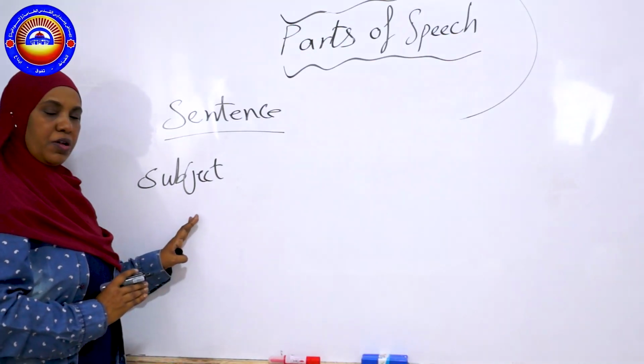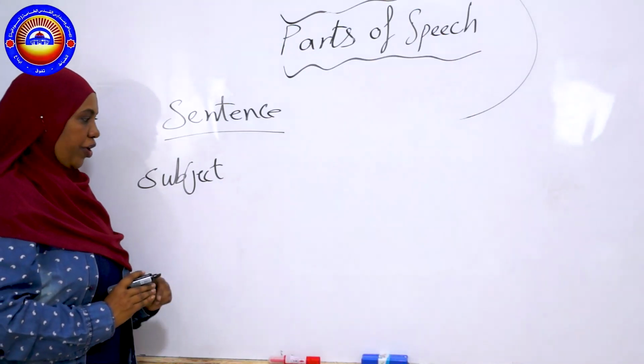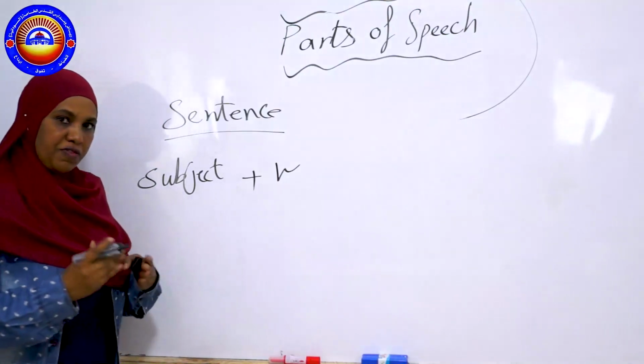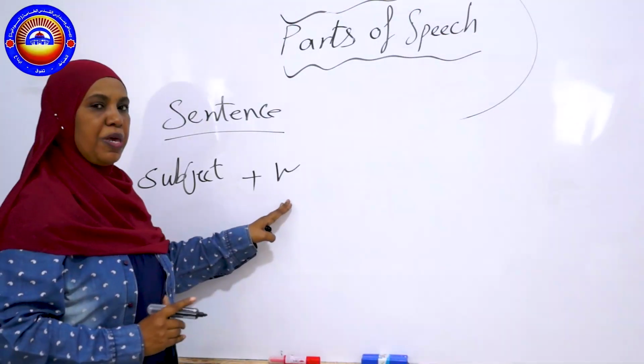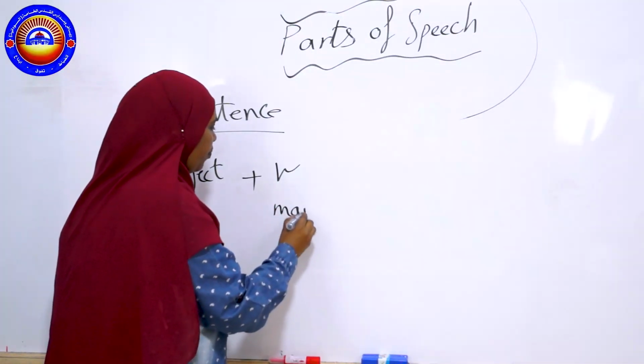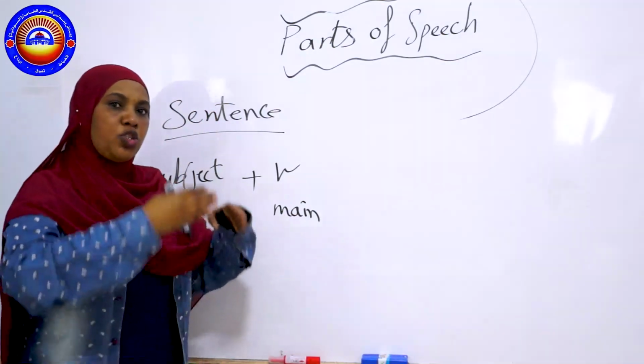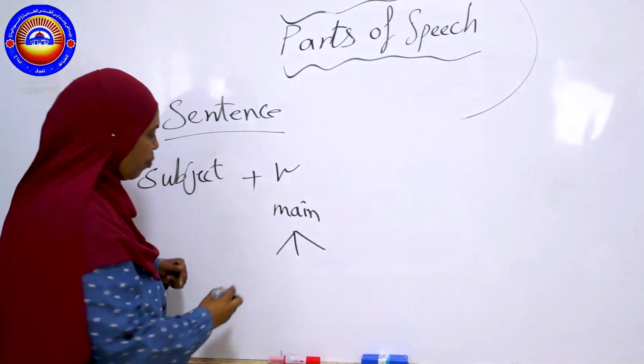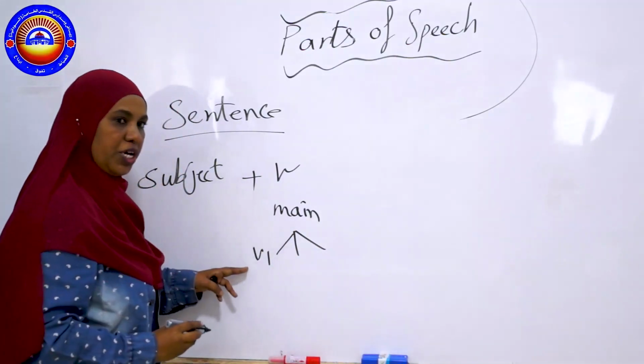This is the first point. The second point is the verb, which can be the main verb. As it's going to be the main verb, that means I'm going to divide it into three parts. Verb 1, which is the present.